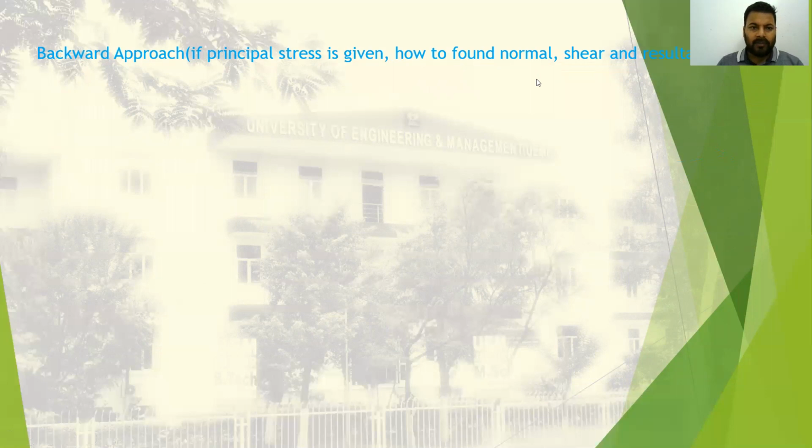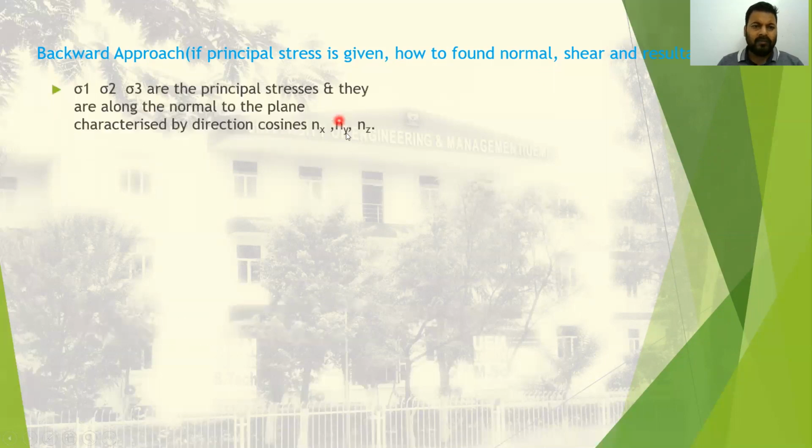So in a backward approach, if the principal stress is known, then how do we find the shear stress, normal stress, and resultant stress? I assume that we know the values of principal stresses sigma 1, sigma 2 and sigma 3, and they are along the normal of the plane characterized by direction cosines nx, ny, nz.